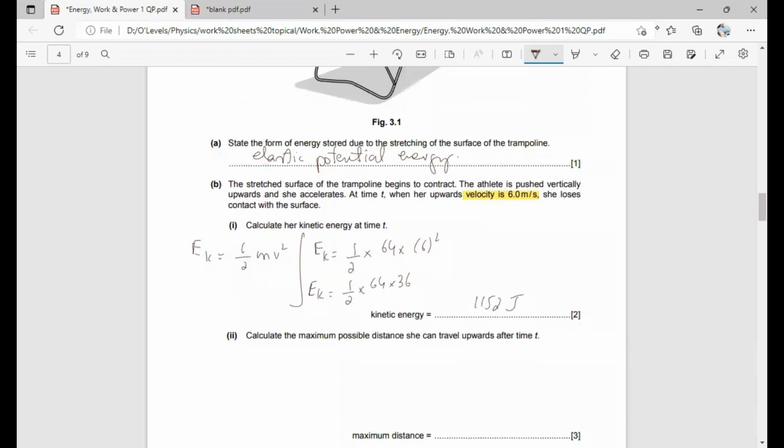Now, calculate the maximum possible distance she can travel upwards. This is your vertical distance.